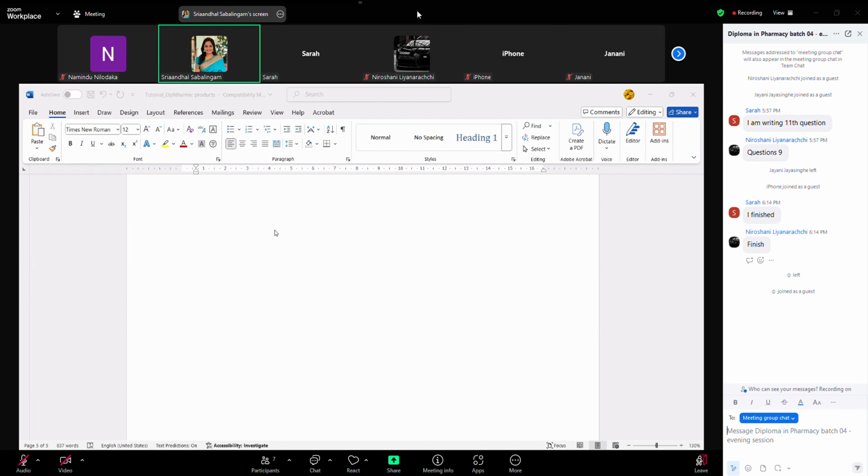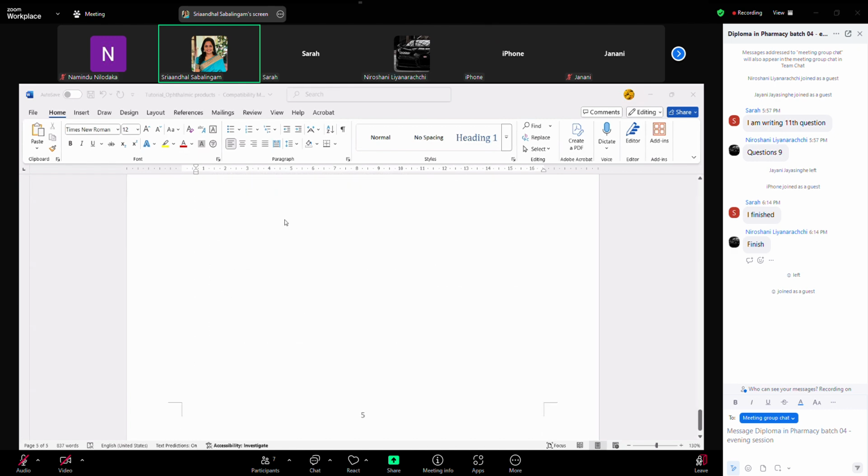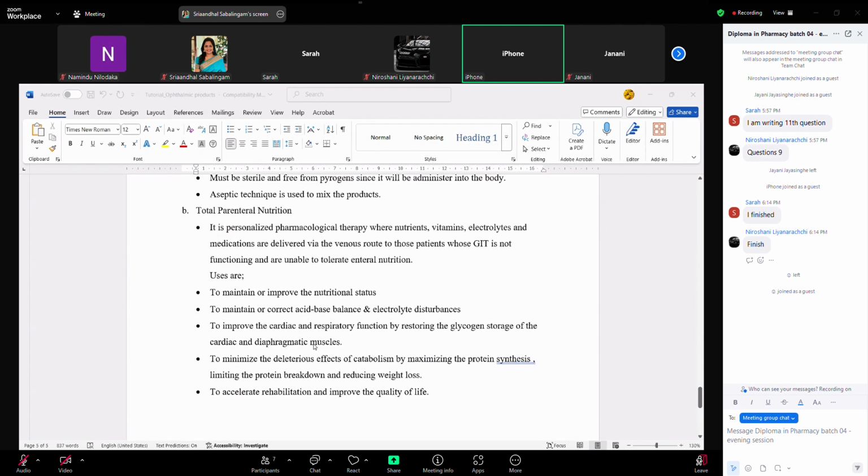Yes, what is total parenteral nutrition? Total parenteral nutrition is a method of feeding that bypasses the gastrointestinal tract. It is used when a person cannot eat or absorb nutrition through the digestive system.